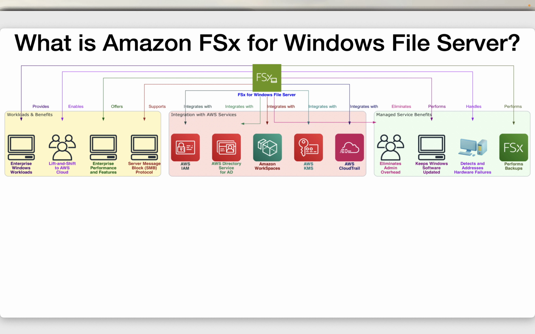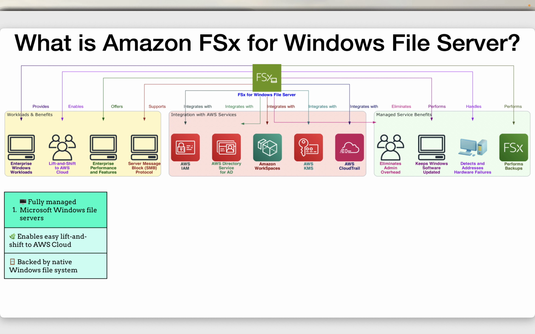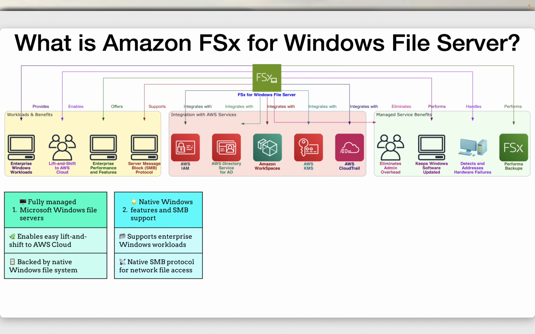Okay, next let's see what is Amazon FSx for Windows File Server. So we are using Windows File Server, but Amazon FSx is providing a service for Windows File Server technology. Amazon FSx for Windows File Server provides fully managed Windows file servers backed by fully native Windows file system, enabling easy lift and shift of enterprise applications to the AWS cloud.